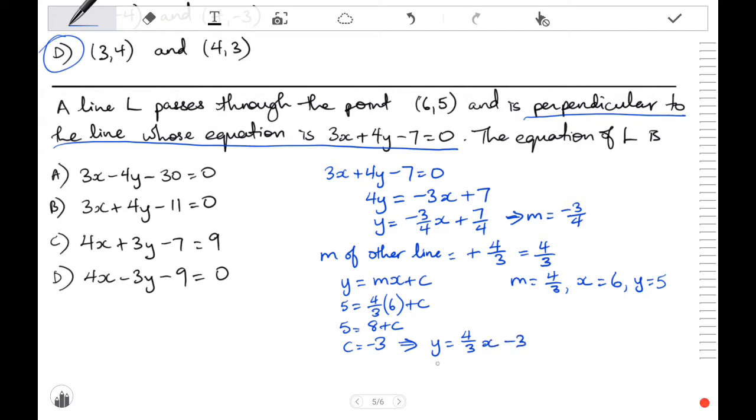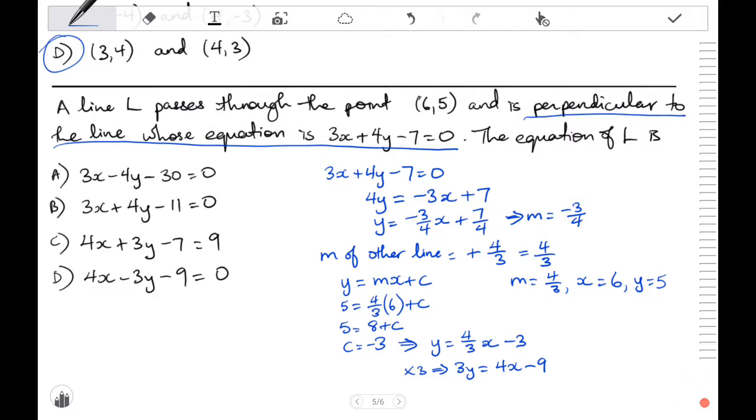Now this is what we get for the equation of the line. But look at our answers. Our answers don't have any fractional values in the coefficients, so we remove the fraction. So we're multiplying by 3. So if we multiply by 3, we will get 3y equals 4x minus 9.